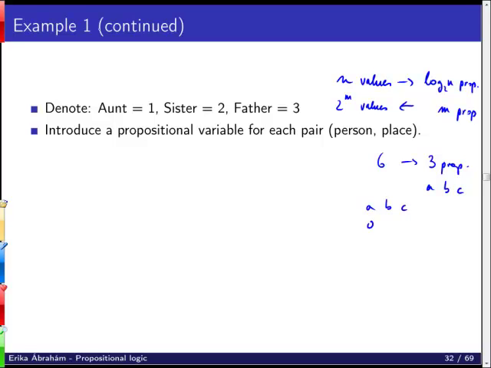Let's say if they are all 0, then it is Father, Sister, Aunt. If it is 0, 0, 1, then it is Father, Aunt, Sister. If it is 0, 1, 0, then it is Sister, Father, Aunt, and so on, and then I have 2 left.